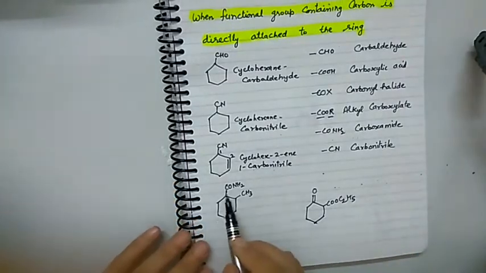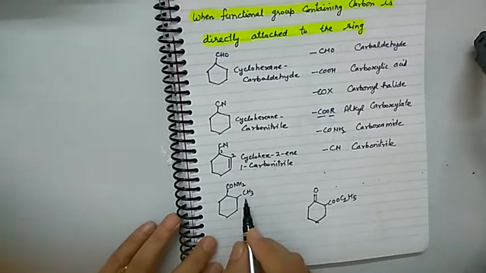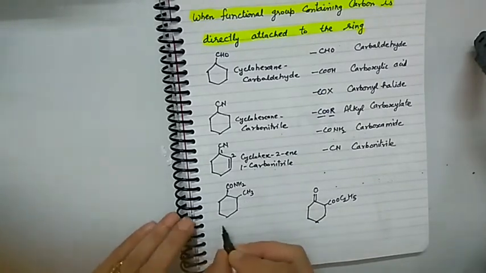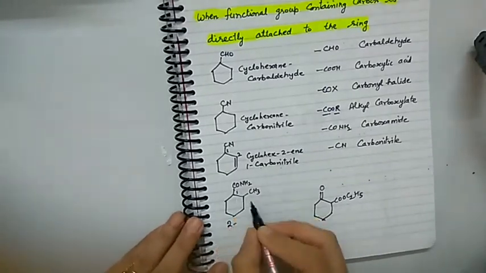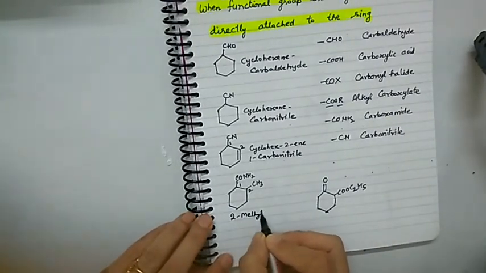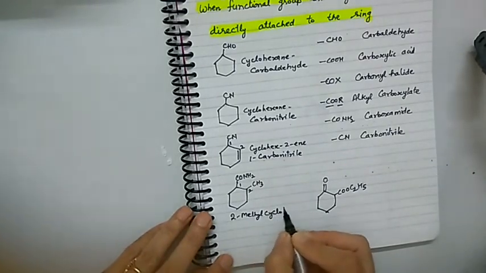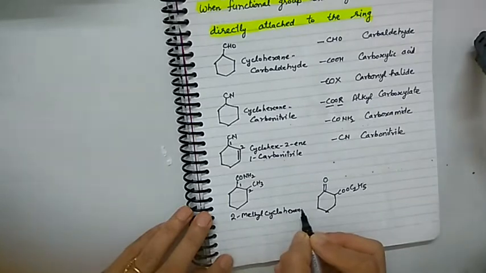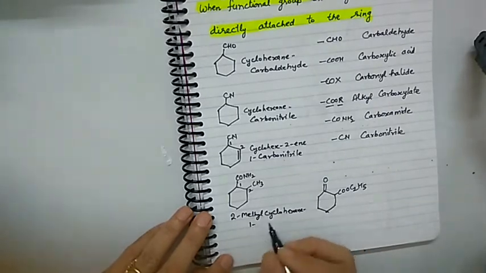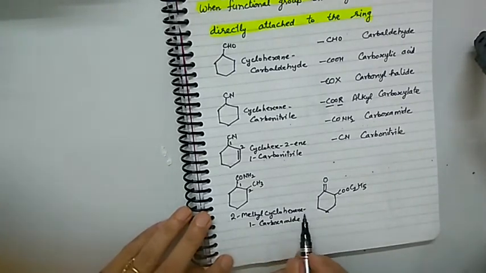It is CONH2 called carboxamide, but at position 2 there is methyl group, so this is position 1, this is 2, 2-methyl, right? 2-methyl cyclohexane 1 carboxamide, right? 2-methyl cyclohexane 1 carboxamide.